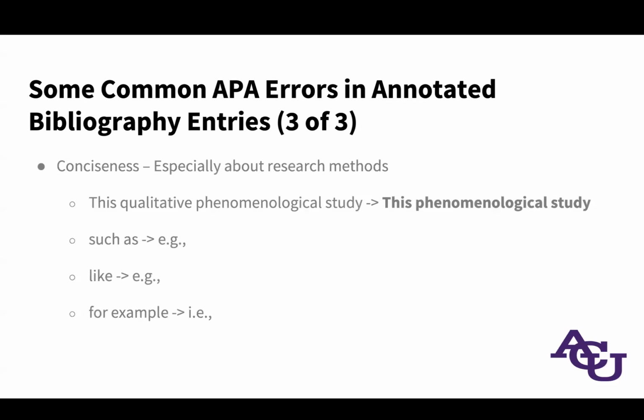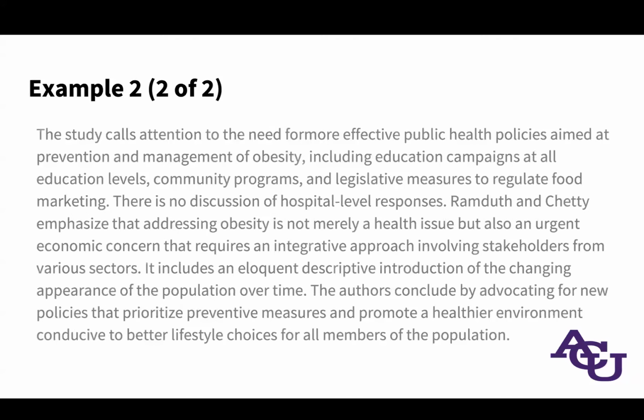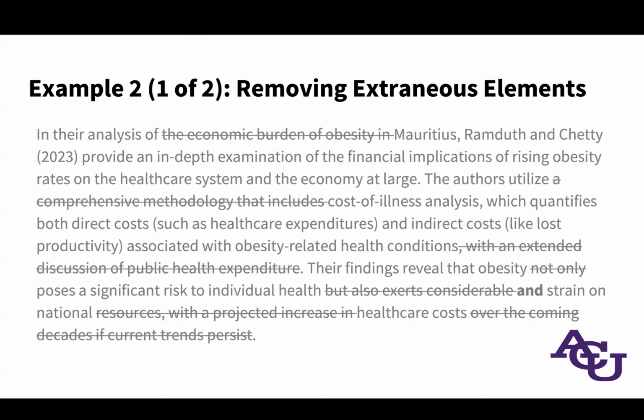And finally, let's talk about conciseness. This comes up a lot in the research methods. You saw an example of this earlier when we were looking at this text here, where we have the discussion of the authors utilize a comprehensive methodology that includes cost of illness analysis, etc. But it's not the comprehensive methodology that's really relevant here.